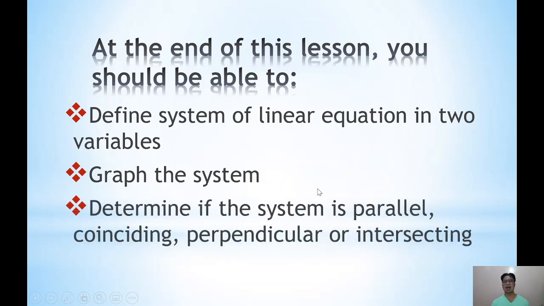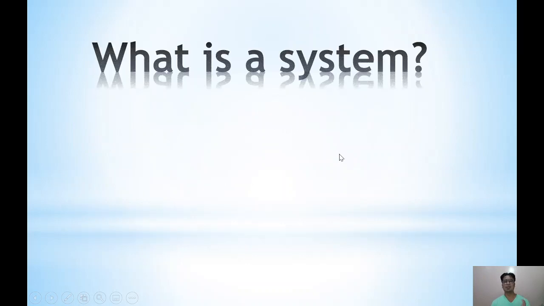Number three, we have to determine if that system that we have graphed is parallel, coinciding, perpendicular, or intersecting. Those are the things na dapat alam natin. And this will be our aim. Tatlo lang po. Okay?